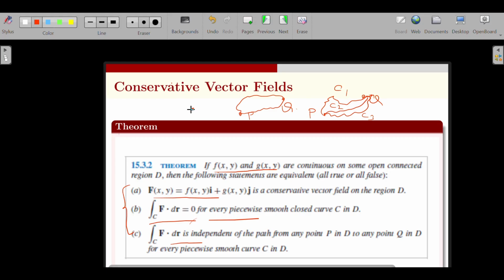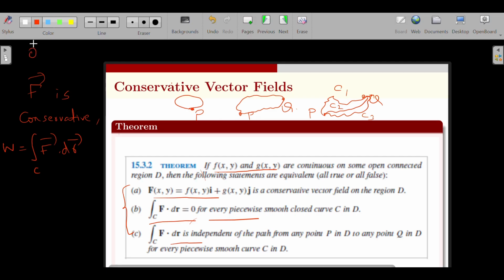You just consider a point and you take a closed curve, so it starts from P and ends at P. Then the work done, if it is conservative, is equal to 0. This actually follows from the result that if F is conservative, then the work done W, that is the line integral over C of F dot dr, depends only on the endpoints.